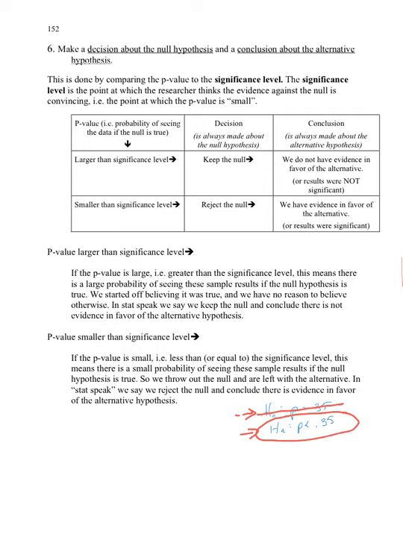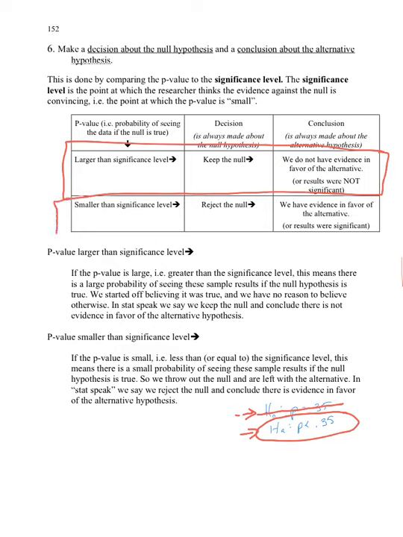So just to summarize is this chart, and it's not that you have to decide at each one of these which box to be in. There's only two paths through. Either the p-value is larger than the significance level, in which case you're going to keep the null hypothesis and conclude you do not have evidence in favor of the alternative.